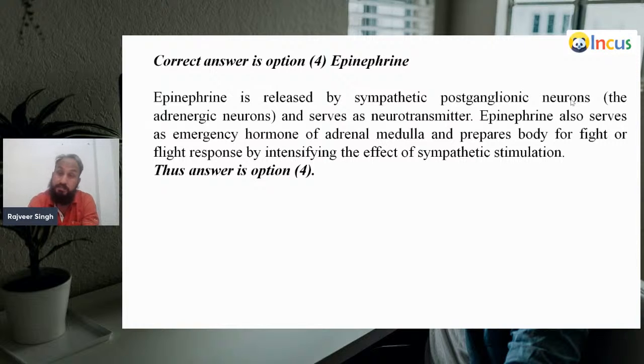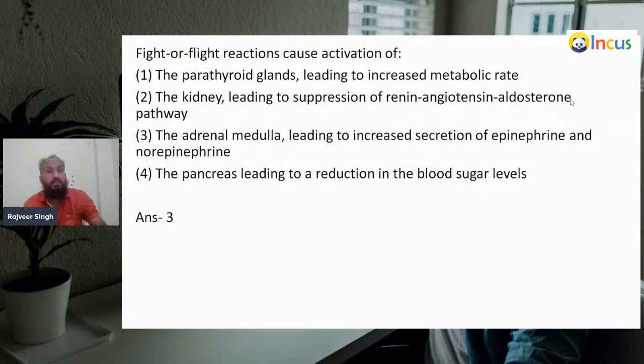Epinephrine also serves as an emergency hormone of the adrenal medulla and prepares the body for the fight and flight response, intensifying the effect of the sympathetic stimulation. The answer will be fourth.